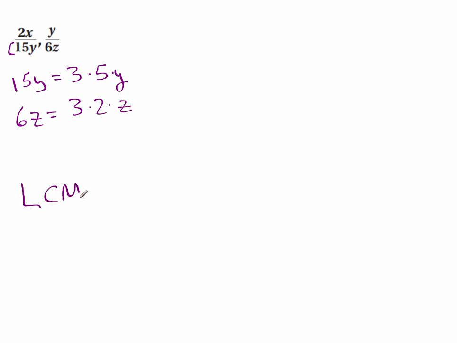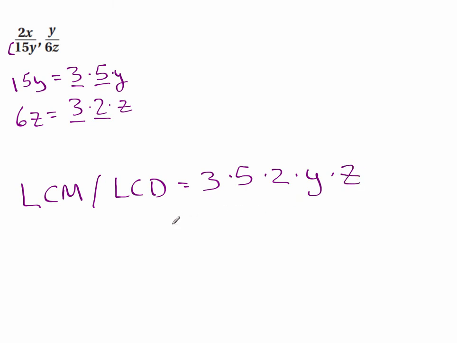So the least common multiple, or in this case, since they're fractions, I'm going to call it least common denominator, is, let's see, I have 1 3 in each, I have 1 5, I have 1 2, I like to do the numbers first, I have 1 z and 1 y. So this becomes 30yz. So if I wanted to add these, I would need to find that number right there, that least common denominator between the two.